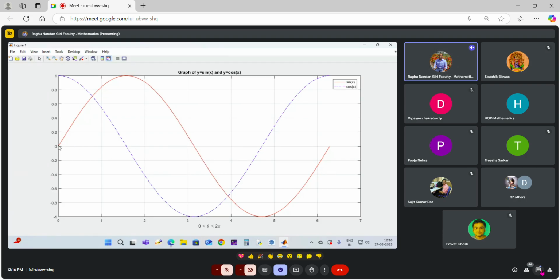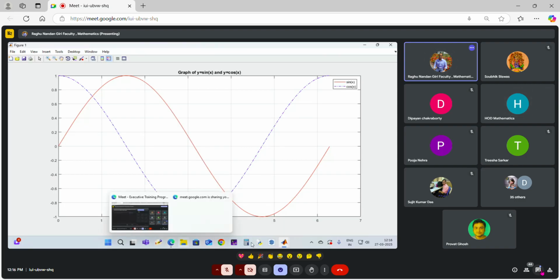From this, it is easy to find the x and y values of the graph. Also, we can mention the limit for the axis.